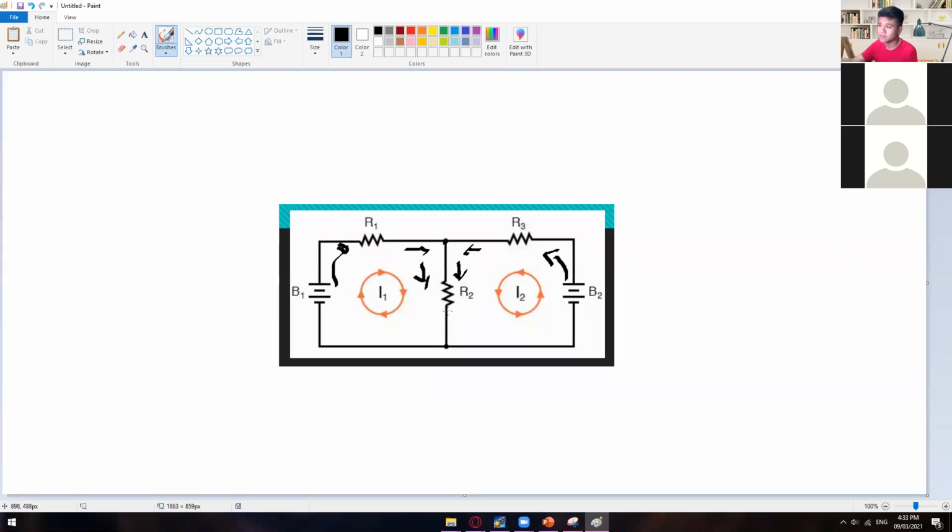Why? Because most of the time, if we have the same flow of current on the intersection, you won't have any problem figuring out whether you got the correct assumption of the rotation of the current. If you have a negative result, then you have to go back to the start and check whether this is really the flow of current.